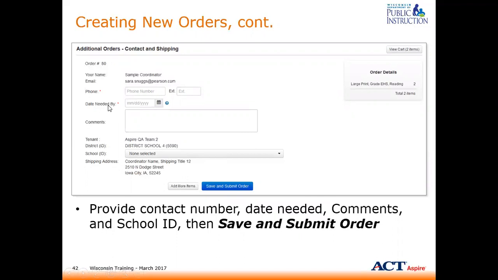So phone and date needed by are required. Optionally are comments and that student ID. And then you'll select Save and Submit Order. The order will then be reviewed by ACT Aspire and DPI for approval. Again, make sure you've gotten those students added into test sessions and that that quantity matches.